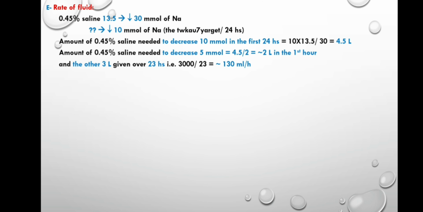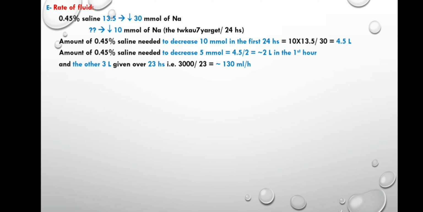You should give about 2 liters in the first hour. Then the rest, about 3 liters, you should give over the rest of the first 24 hours. 3000 ml over 23 hours is about 130 ml per hour.